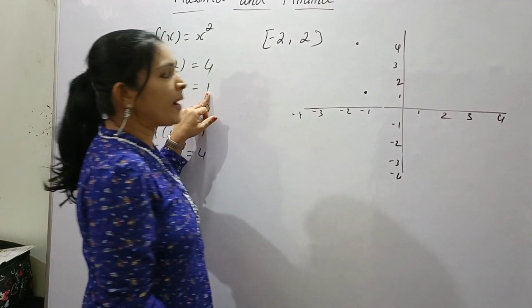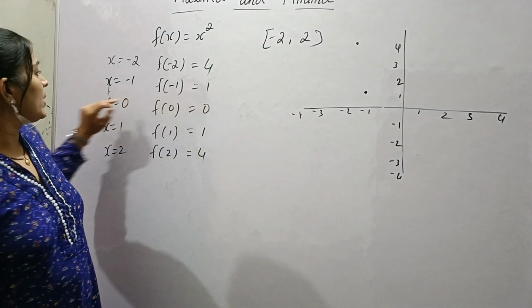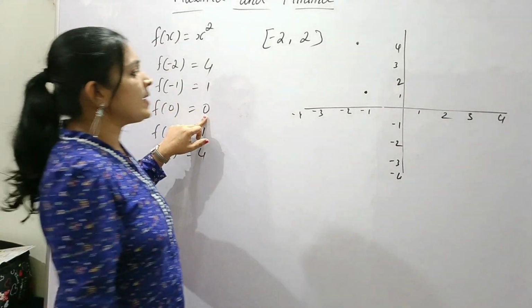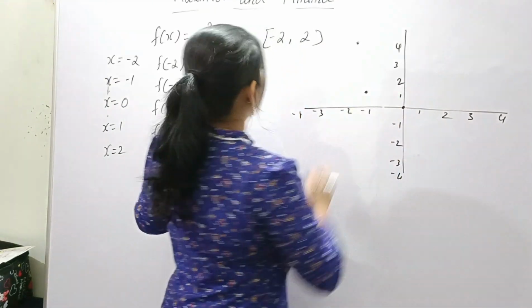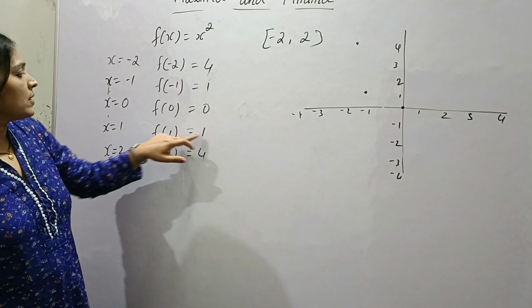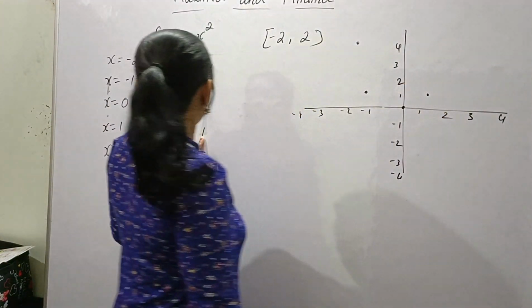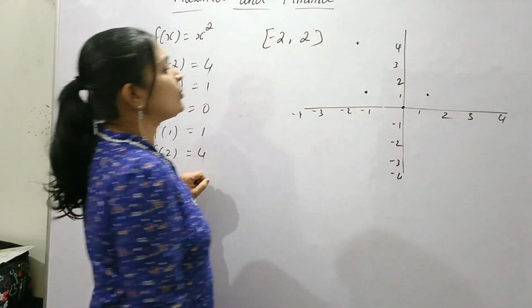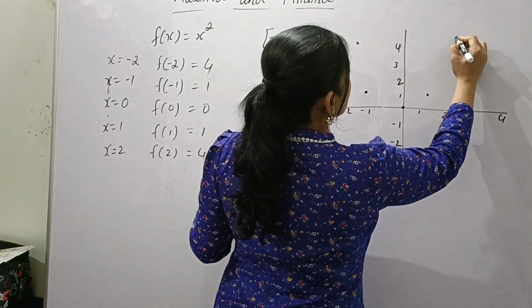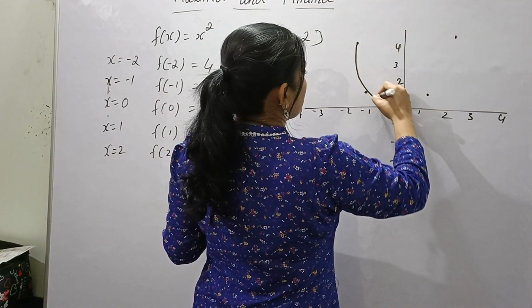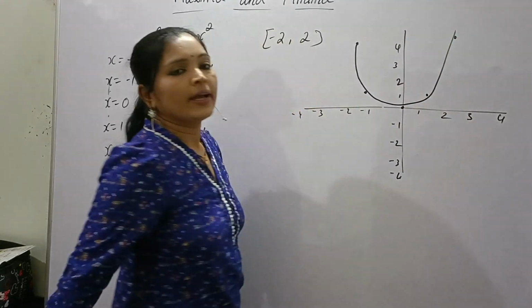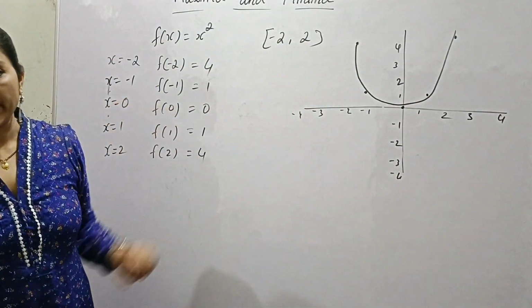When x is equal to minus 1, y is 1. When x is equal to 0, y is 0. That is the point. When x is equal to 1, y is equal to 1. When x is equal to 2, y is equal to 4. So let's join them. We have got a parabola opening toward the y-axis.